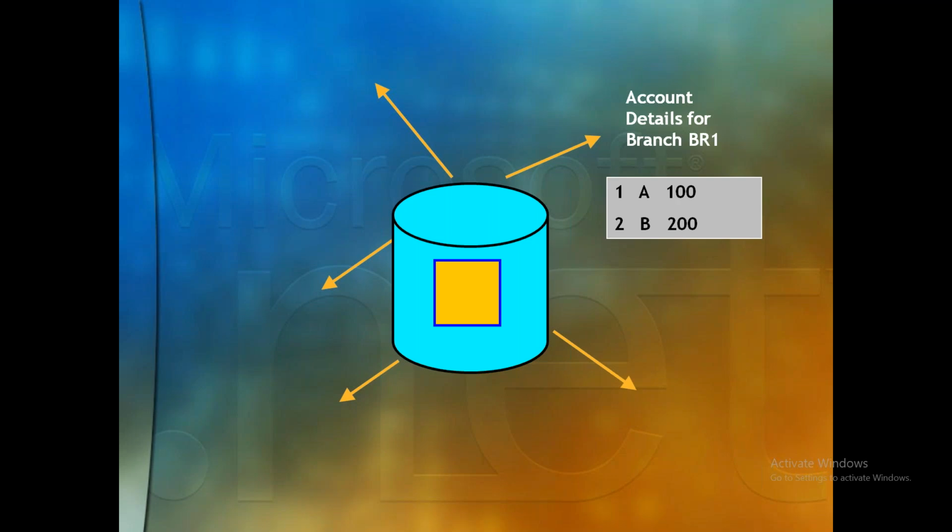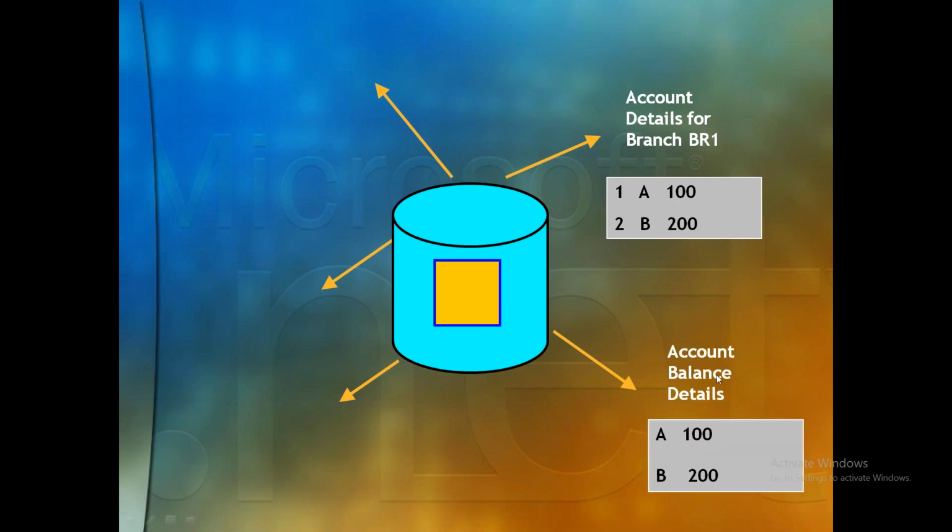For example, account details for branch BR1. If you're a branch BR1 manager, what is it that you want to see? As a branch BR1 manager, I want to see complete info about branch BR1, right? So what is the query we write? Select star from account master table where branch equals BR1. So BR1 customers' data will be shown in that query.